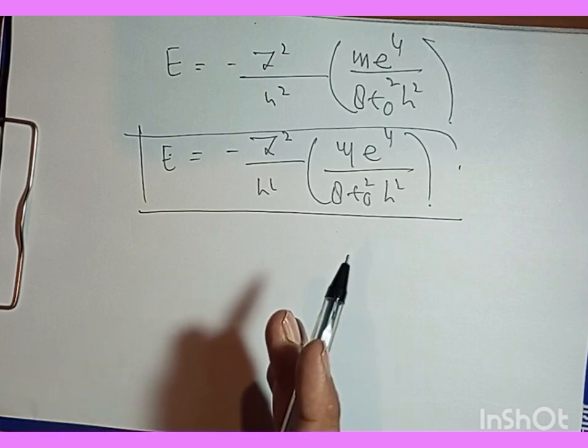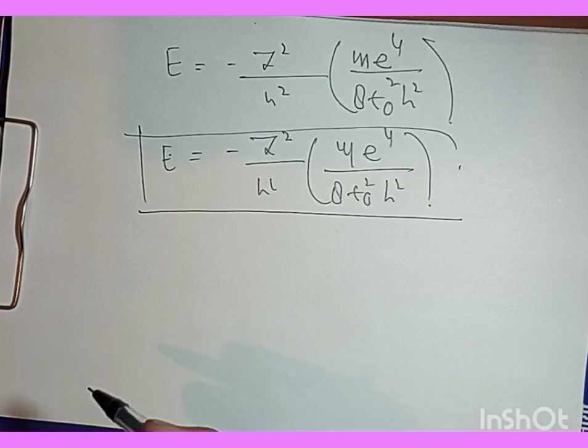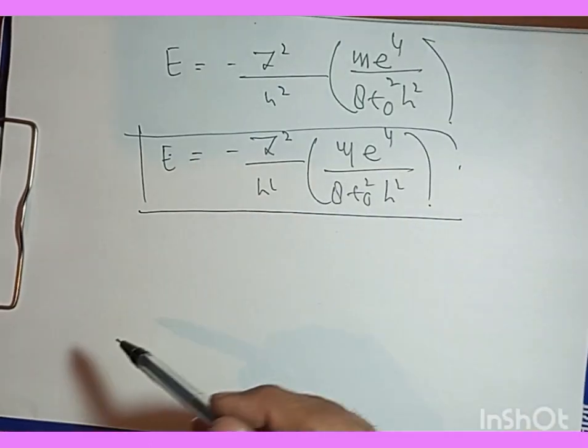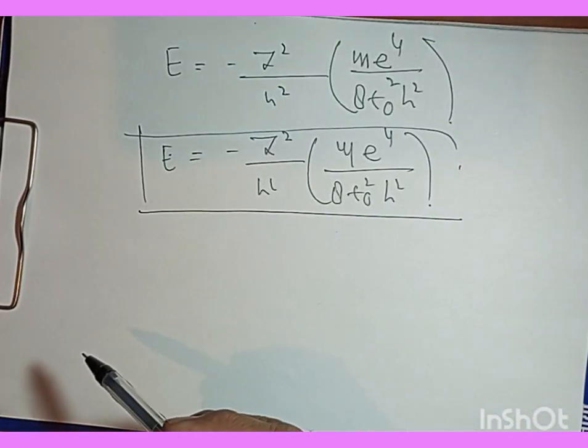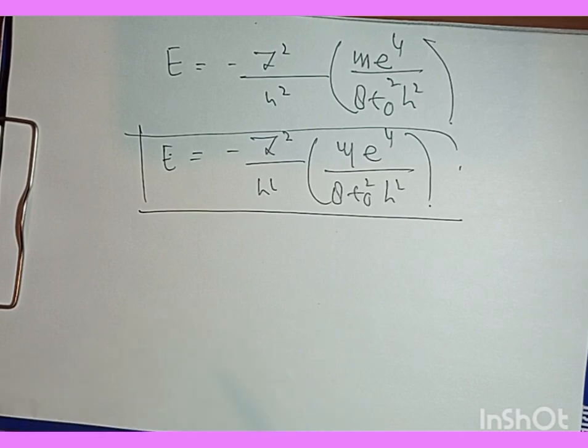The reduced mass for different nucleuses or different atoms is going to be different. So the value of Rydberg constant for different atoms is going to be different. It's not going to be the same.